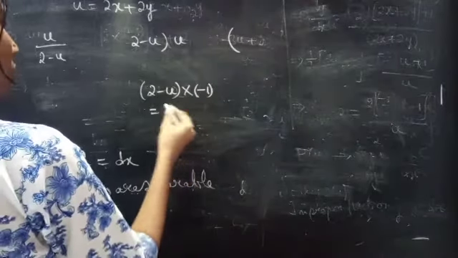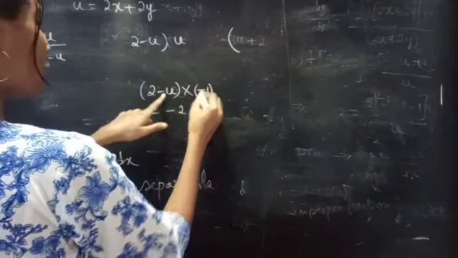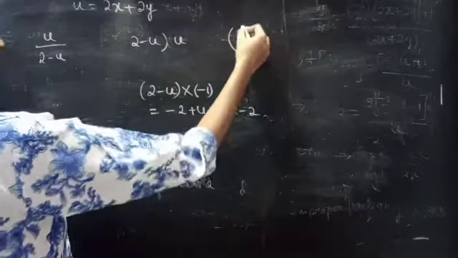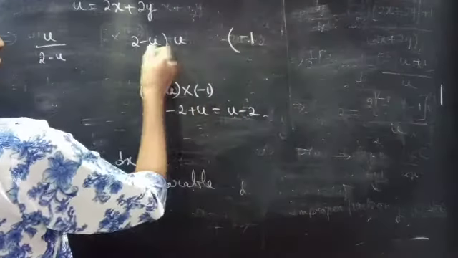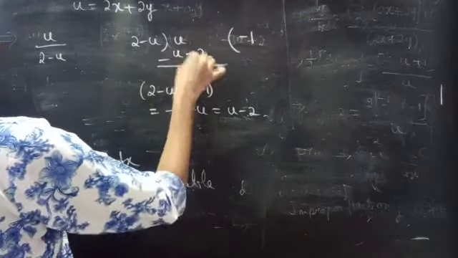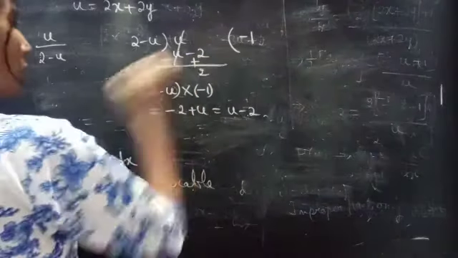Divisor into minus 1 is minus 2 plus u, this is u minus 2. Now change the signs and cancel plus u minus u. You'll get plus 2 as your remainder.